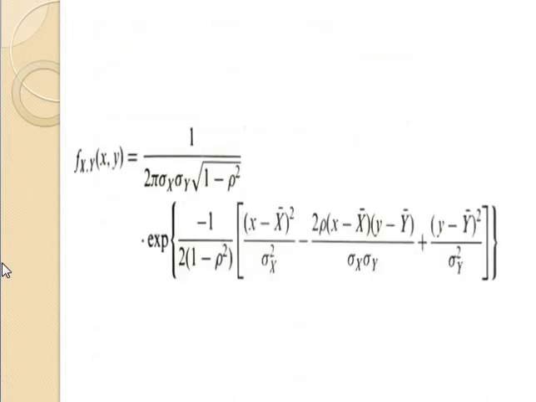Now let's talk about some properties of jointly Gaussian random variables. Gaussian random variables are defined through only their first and second moments, and if the random variables are uncorrelated, they are always statistically independent.